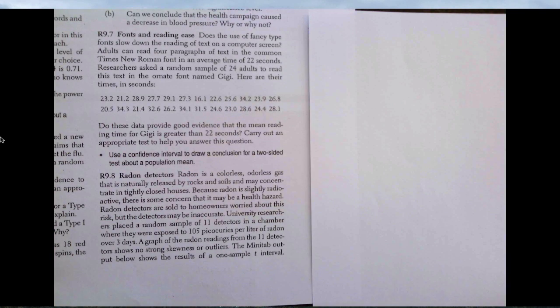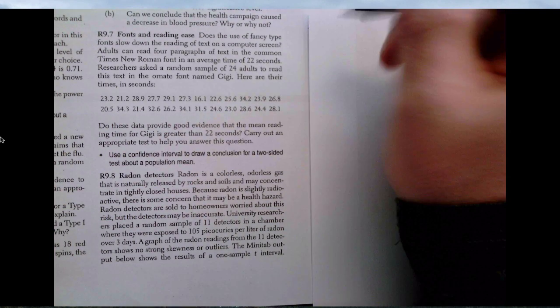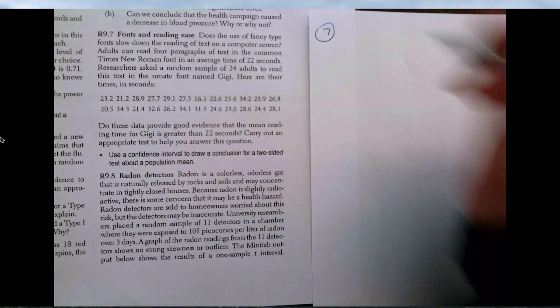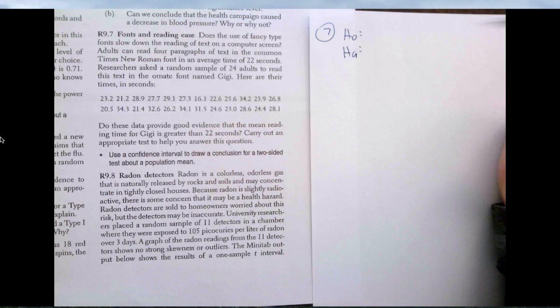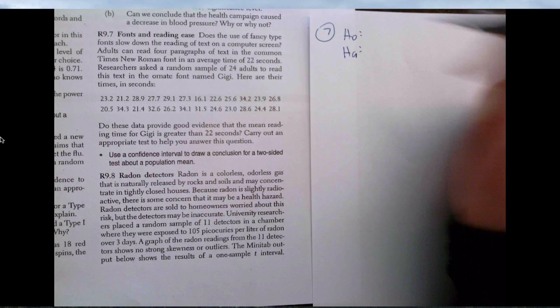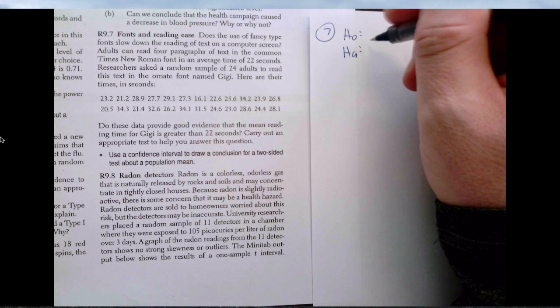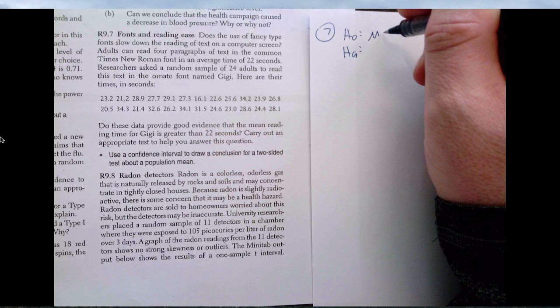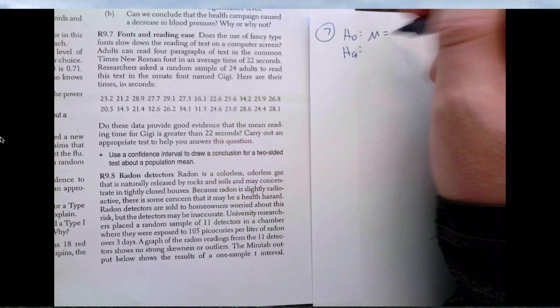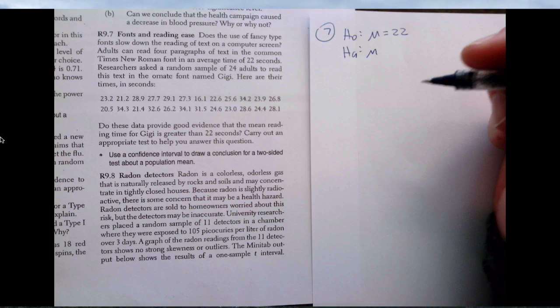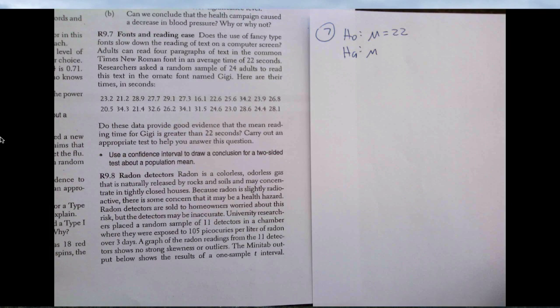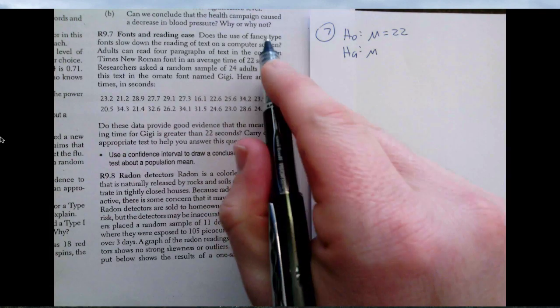All right, so in 7, what we're going to have is the null and the alternate. And what we find from the null and the alternate, the claim is that the mean time is 22 seconds. And what we're looking at now is whether or not it takes them longer. So the assumption is that a fancy typeface slowed down the reading.